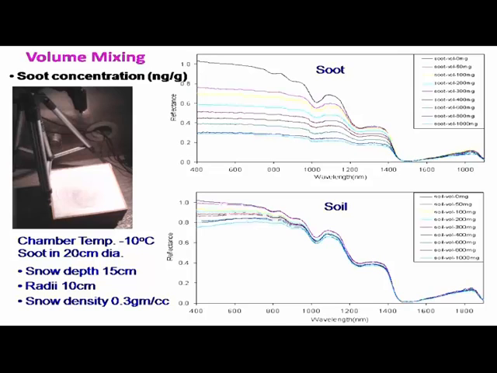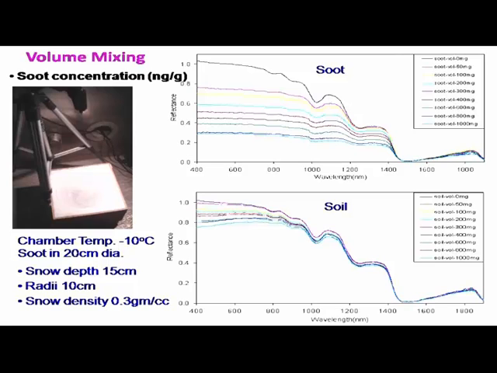Then again, we have carried out the soot concentration estimation using the reflectance. This is basically the aim: can we estimate this soot concentration? For that, we mixed the soot in a known volume and collected these spectra.